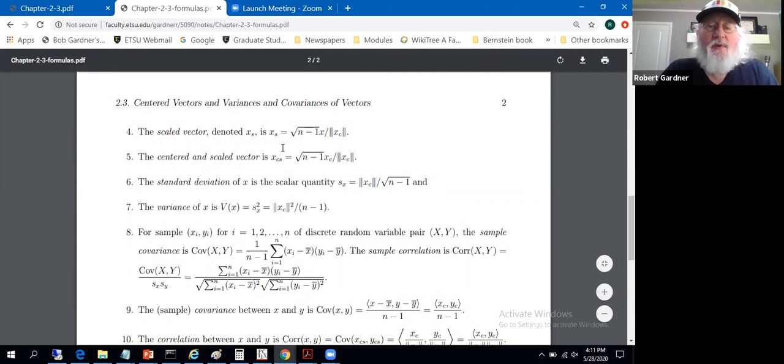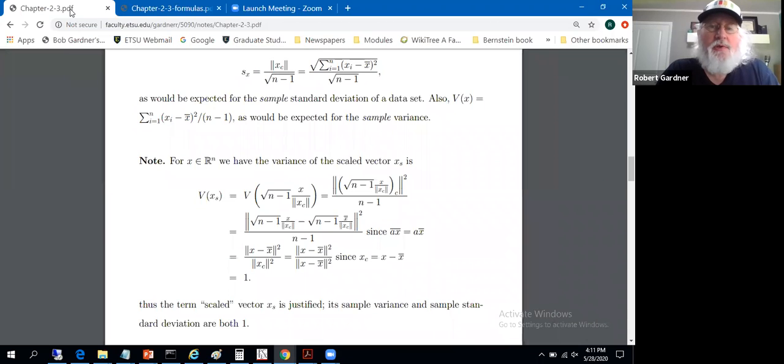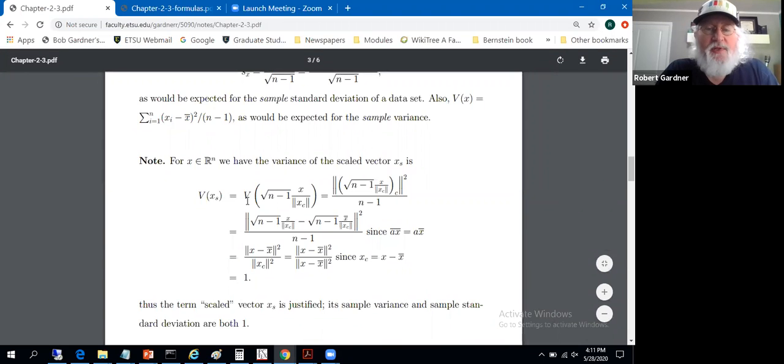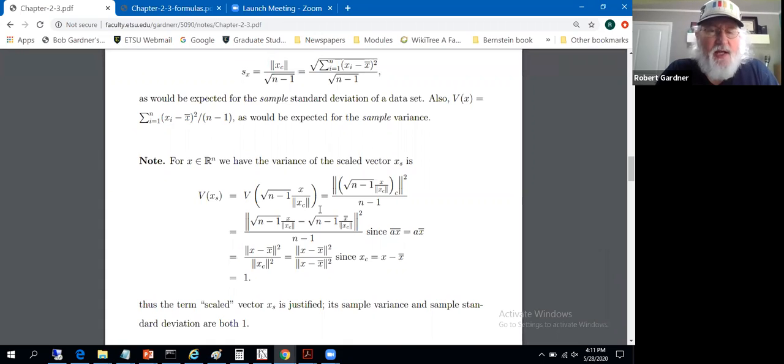Scaled vector was defined as square root of n minus 1 times vector x divided by the norm of x sub c. That's their definition. Let's see what they were up to with that. So let's take the variance of that. It makes sense, right? You take a variance of a data set. You've got a data set. X vector is a vector of data. Okay, you've got these constants floating around in there, but anyhow, we'll see what happens.